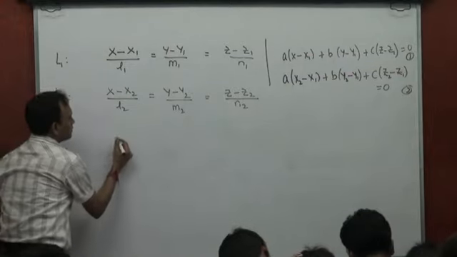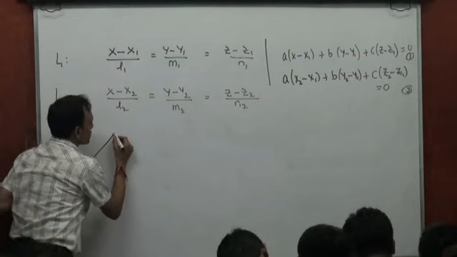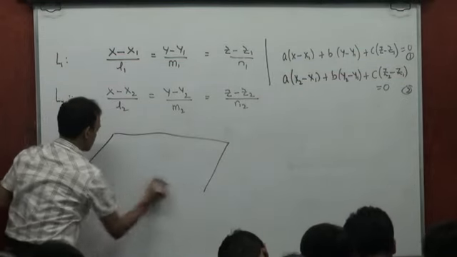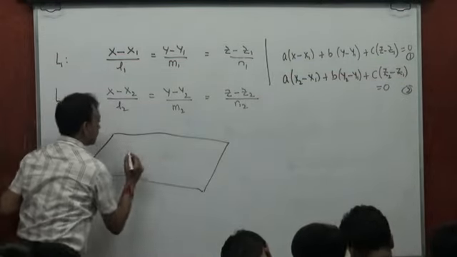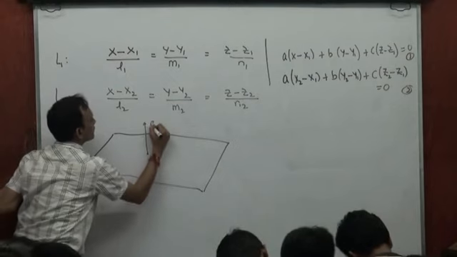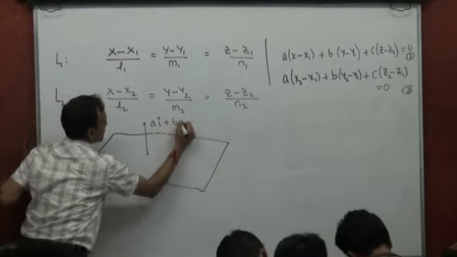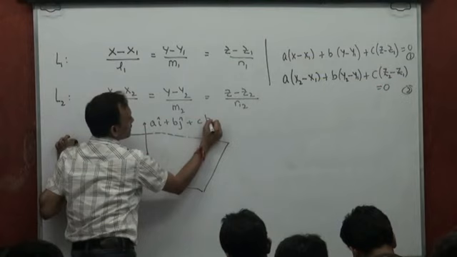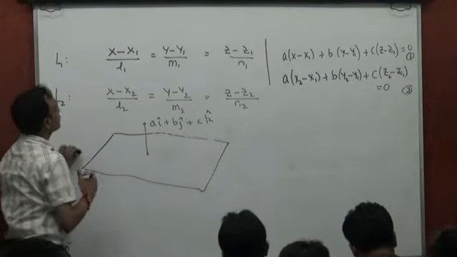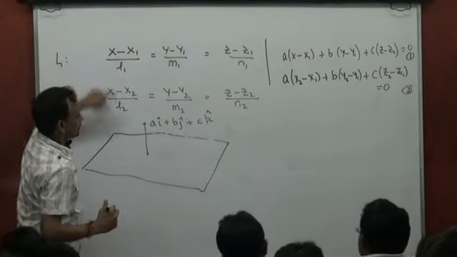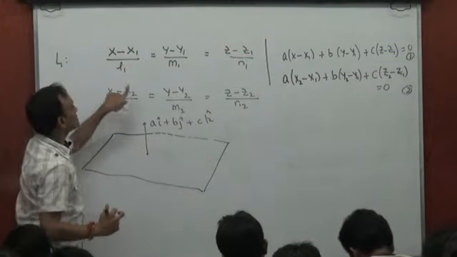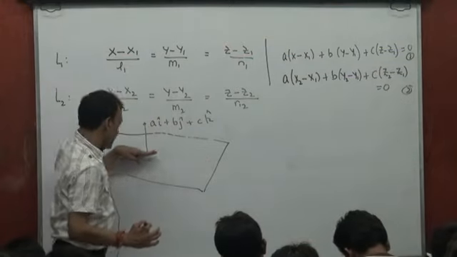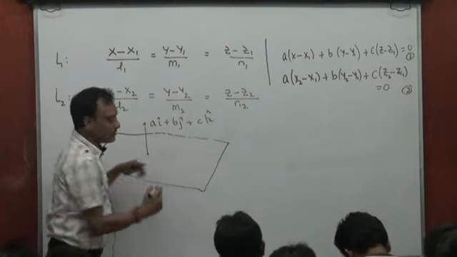Now look, this was the plane, and a normal to the plane was ai plus bj plus ck. It was a normal to the plane, right? The line L1 was lying on the plane. That means l1i plus m1j plus n1k is parallel to the plane, right?